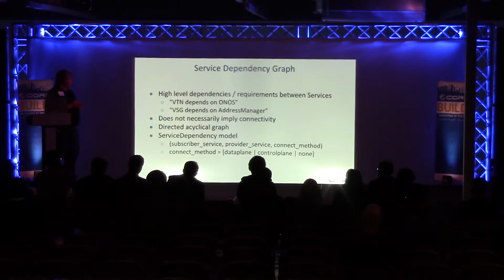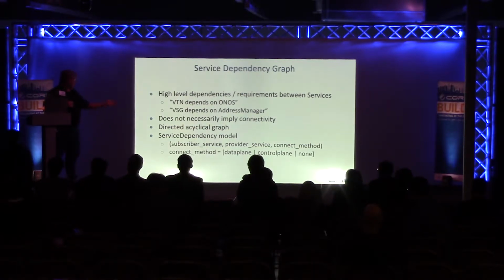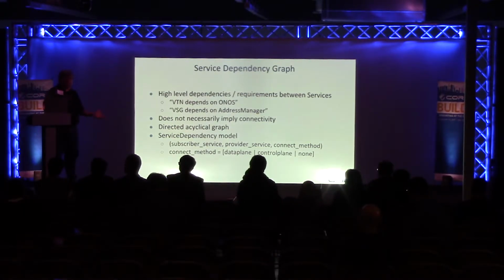It's a pretty simple model where it has a subscriber service, a provider service, and a connection method. The connection method is a hint to XOS to tell it how you might want your service instances wired together. Does your service connect to things over the data plane, the control plane, or does it have no actual connection between these things?